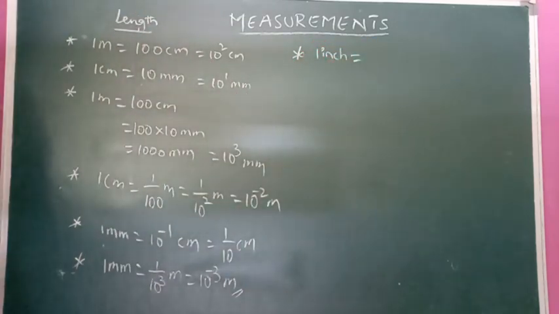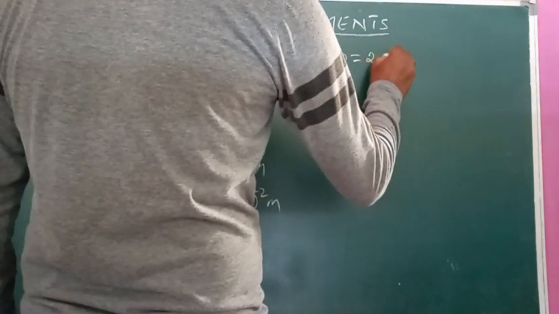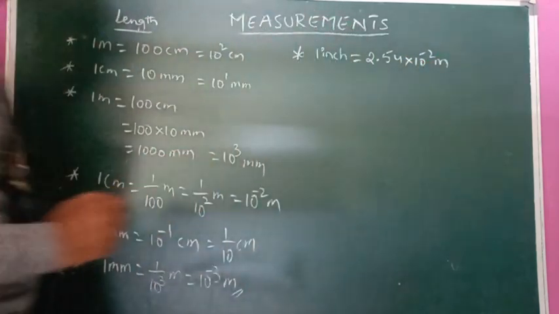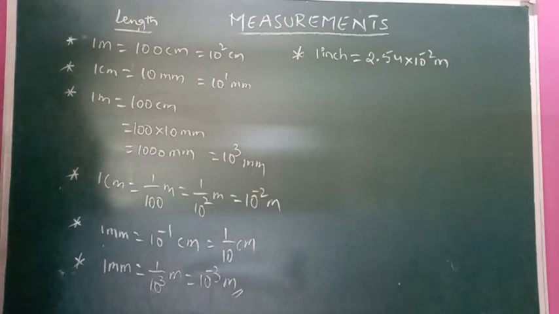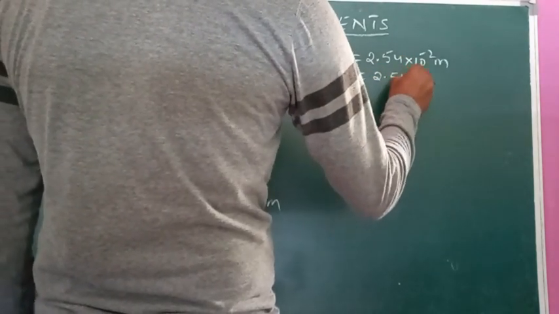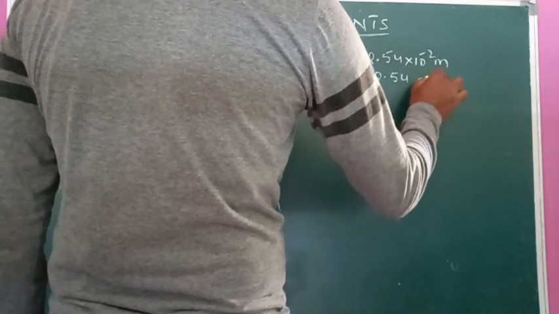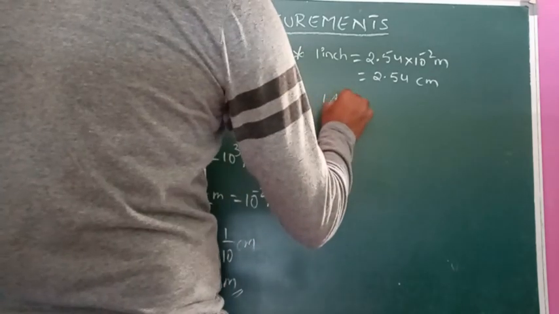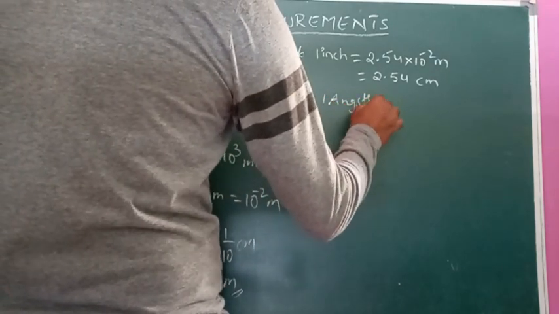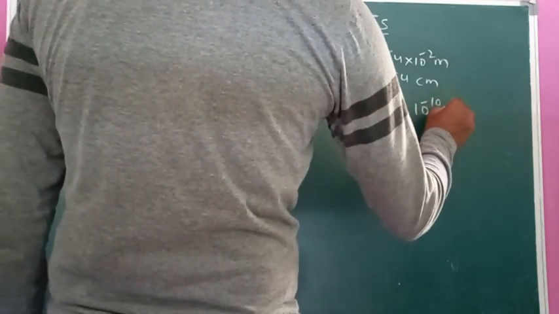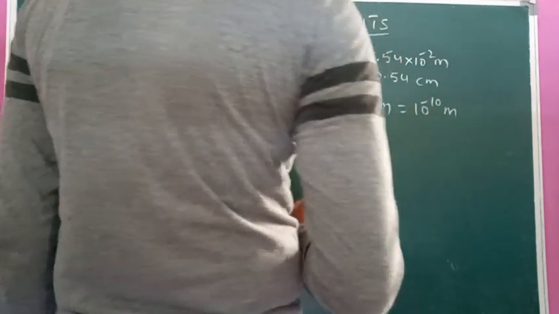Then 1 inch is equal to, the next important value, 1 inch is equal to 2.54 into 10 power minus 2 meters. That means 2.54 centimeters. 1 angstrom: angstrom is the smallest unit which is used to measure length. 1 angstrom is equal to 10 power minus 10 meters.